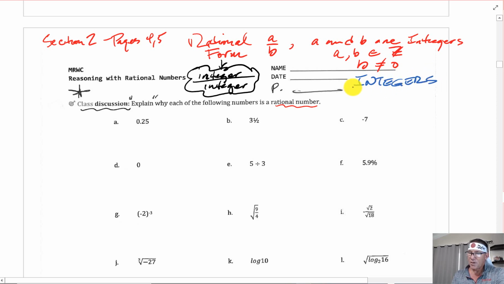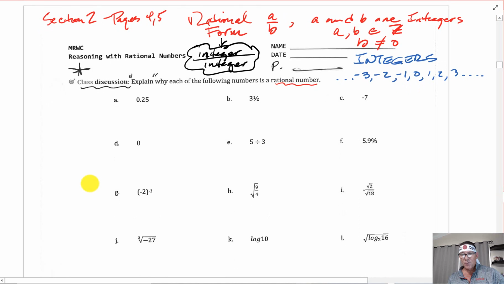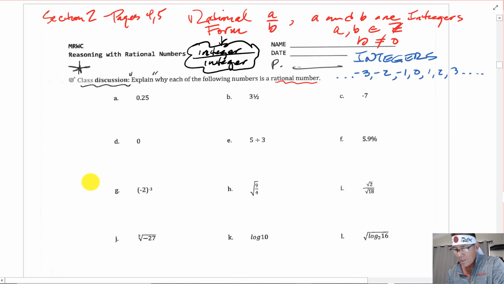The integers are the whole numbers, 0, 1, 2, 3, 4, and so on, and their opposites, like -3, -2, -1, 0. When you have an integer divided by another integer, you have what's called a rational number. Any number that can be expressed as a ratio of two integers is called rational.